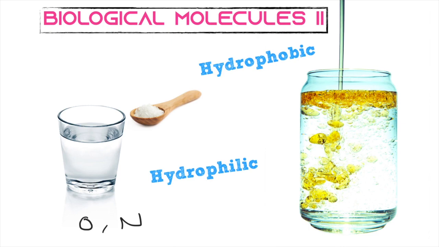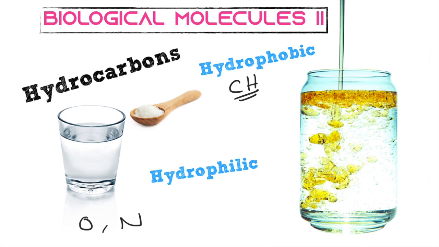So for instance, materials that are made up of carbon and hydrogen only, usually we call those hydrocarbons, are usually water-hating or hydrophobic. That's how the word phobia comes from. It comes from the fact that these materials hate water. So that's where the suffix hydro, that's the water part, and phobia, which is hating of water.